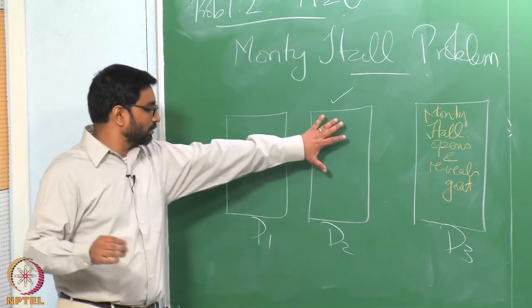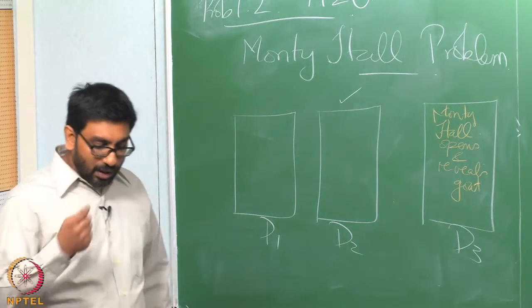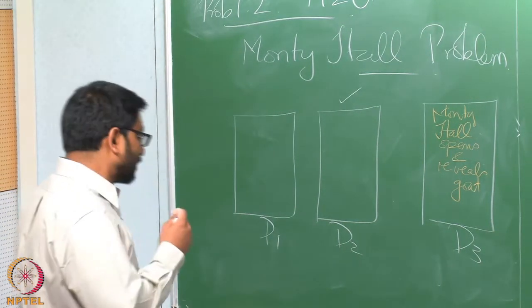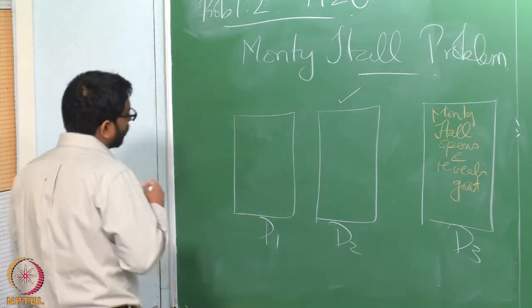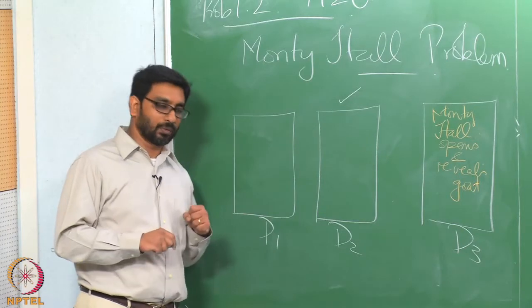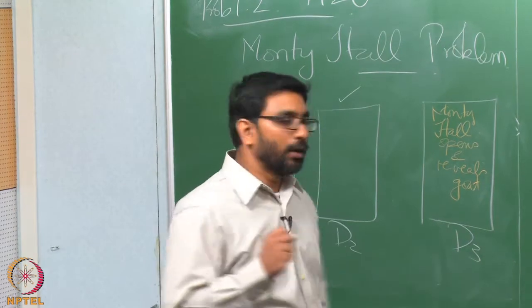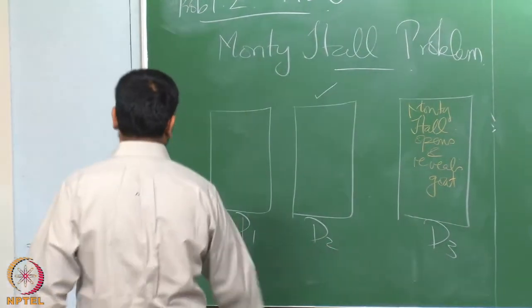Maybe you might be saying, well, why don't I stick with D2? But as it turns out, you actually increase your chances of winning the car by moving over to D1. This is the Monty Hall problem. We need to prove that this is in fact the case.